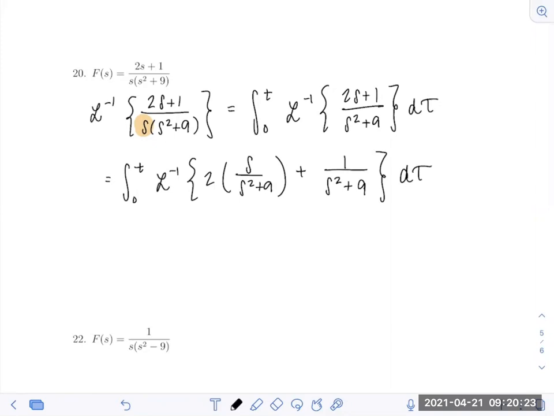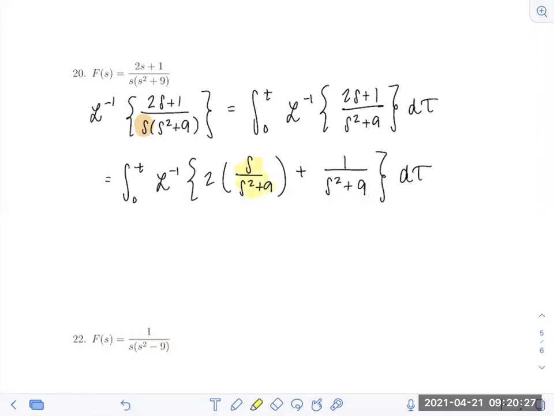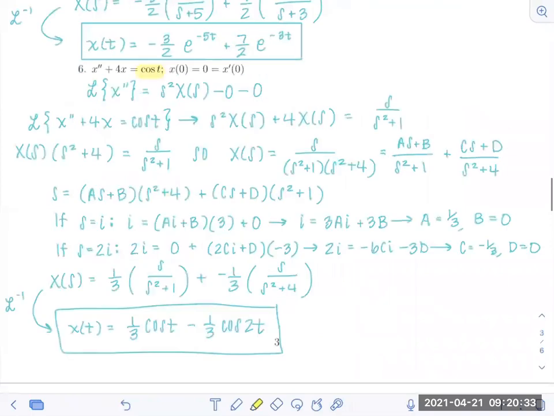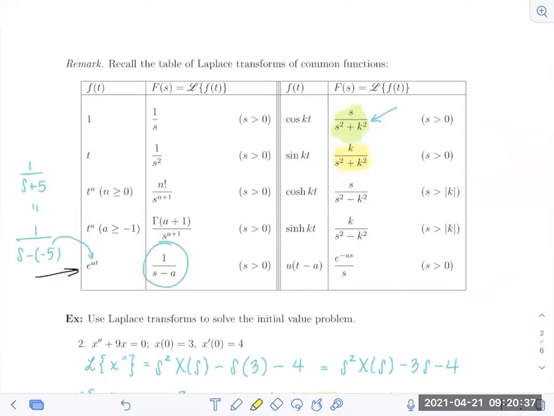And we know what this function is, s over s squared plus k squared. Let's go ahead and take a look up. S over s squared plus k squared. All right, so you see it highlighted in green there. That is the cosine kt function for k equal 3.